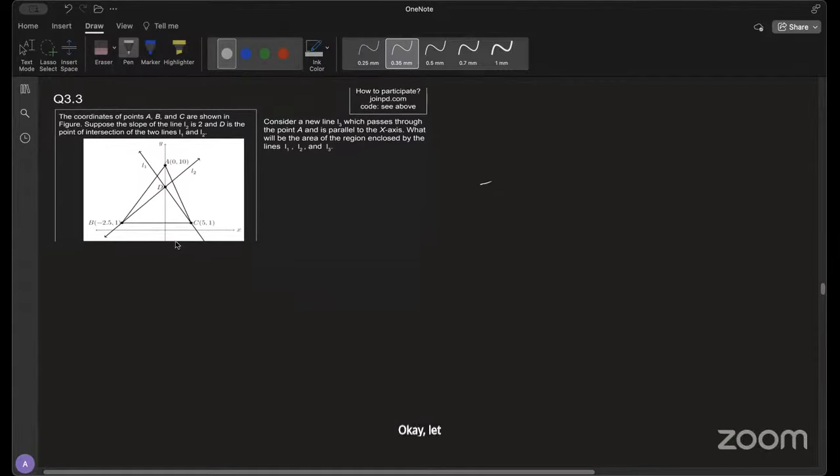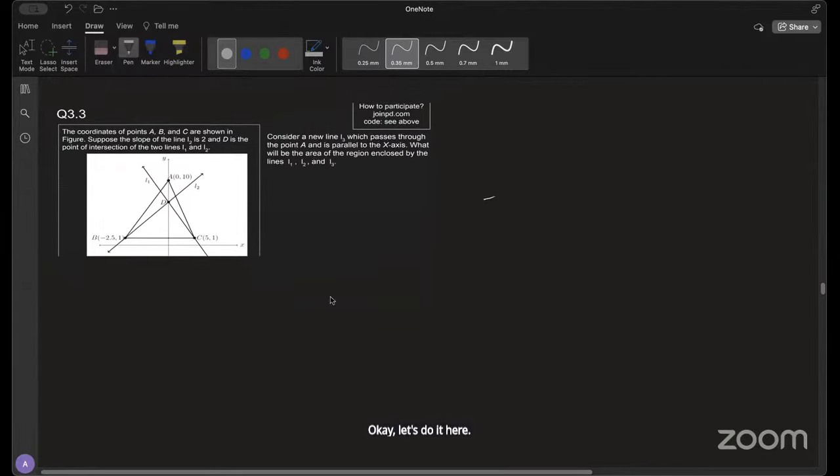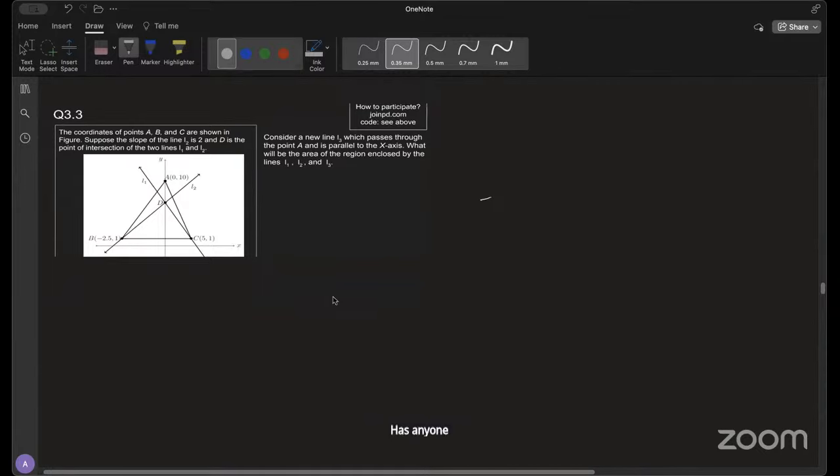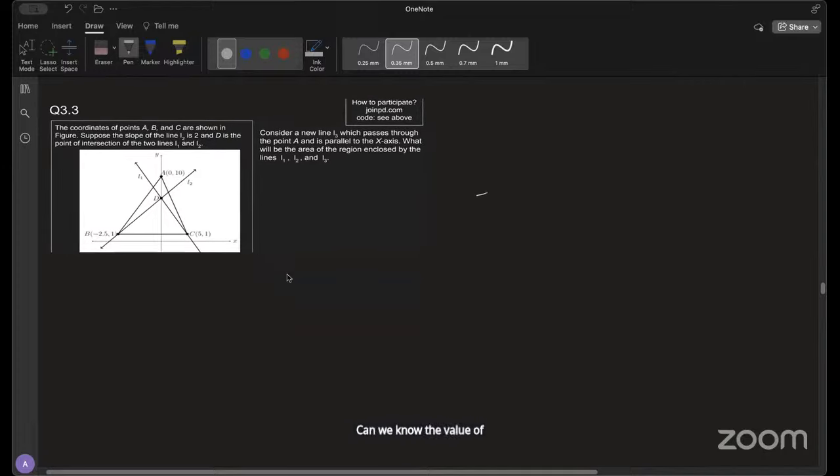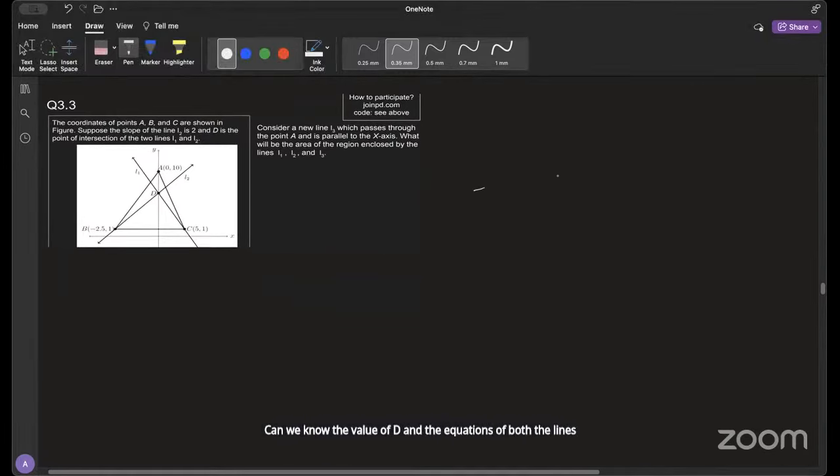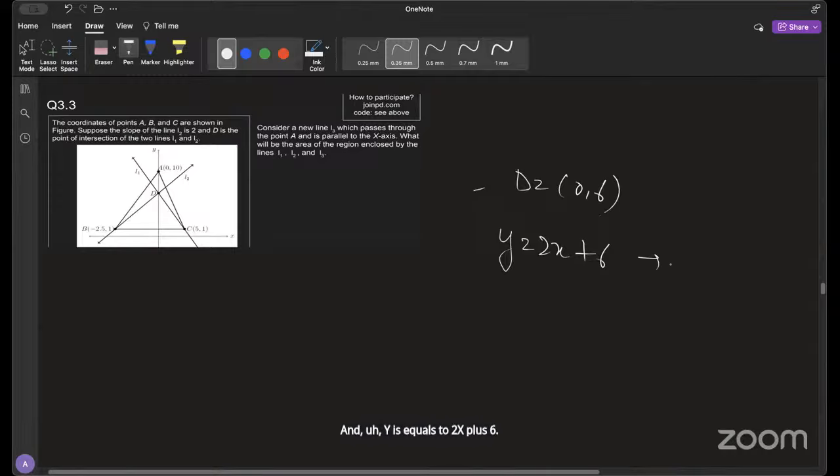Okay, let's do it here. Has anyone solved it? Or are you guys still trying? The value of D and the equations of both the lines make it easier. D, I guess, was 0, comma 6, and L1 is y equals 2x plus 6, and L2 is y equals minus x plus 6.